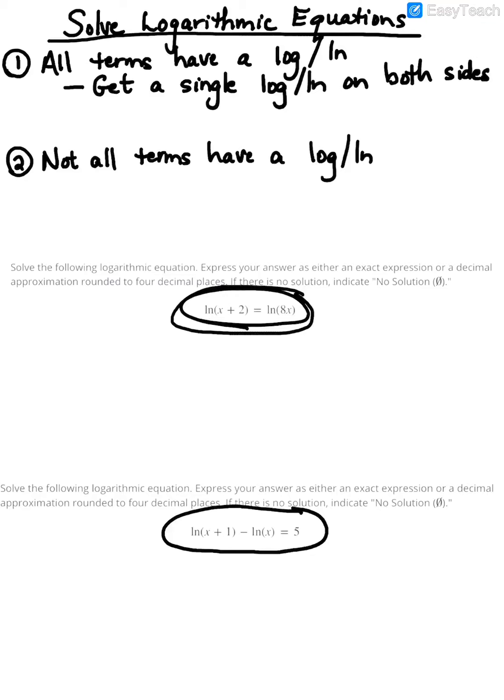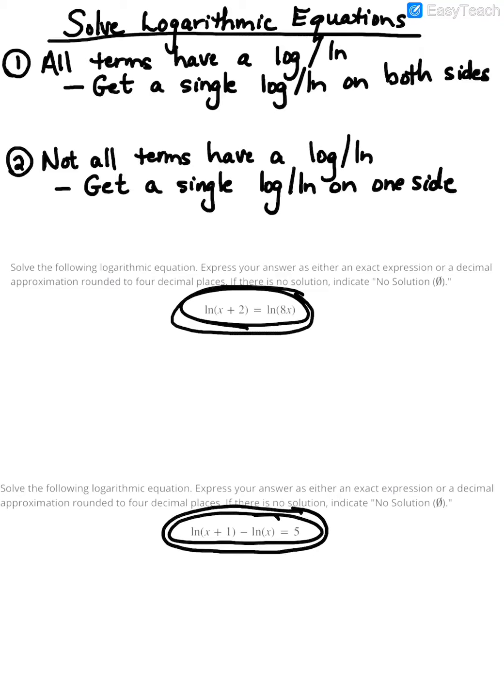Whereas, if not all terms have a log, then you can't get a single log on both sides, so your goal is to get a single log on one side, again using your properties of logarithms, and we'll talk about how to do that in just a minute with that particular example.